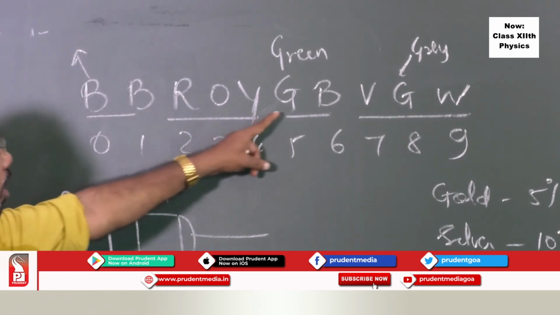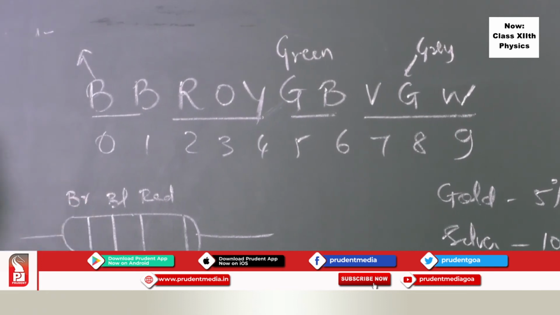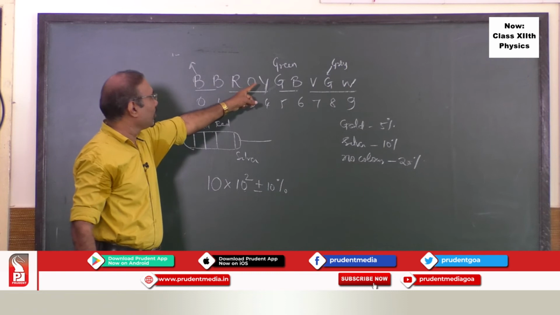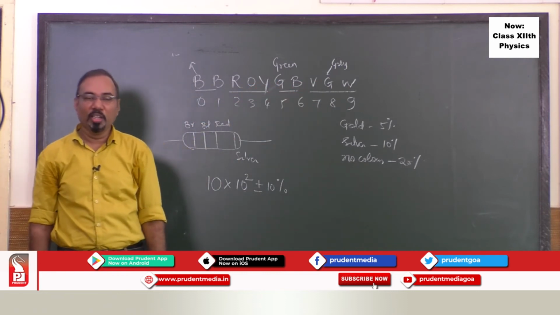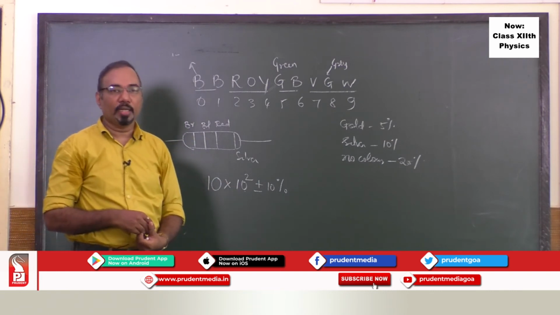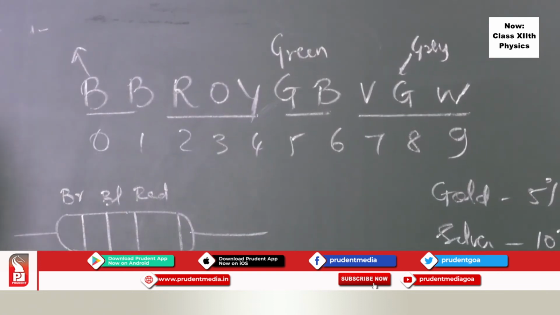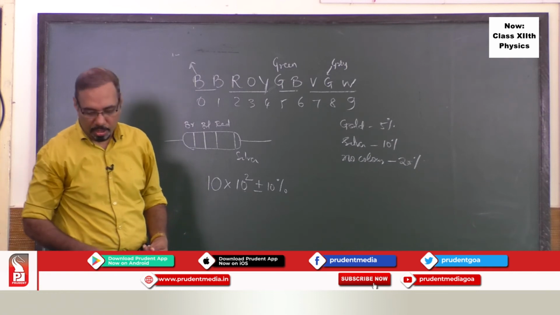You can use another phrase, better buy resistances, otherwise your great bias voltage go wrong. But the first is the most convenient way of remembering the resistance color code. And you remember the tolerance as well. This is the way you can solve many examples based on this.